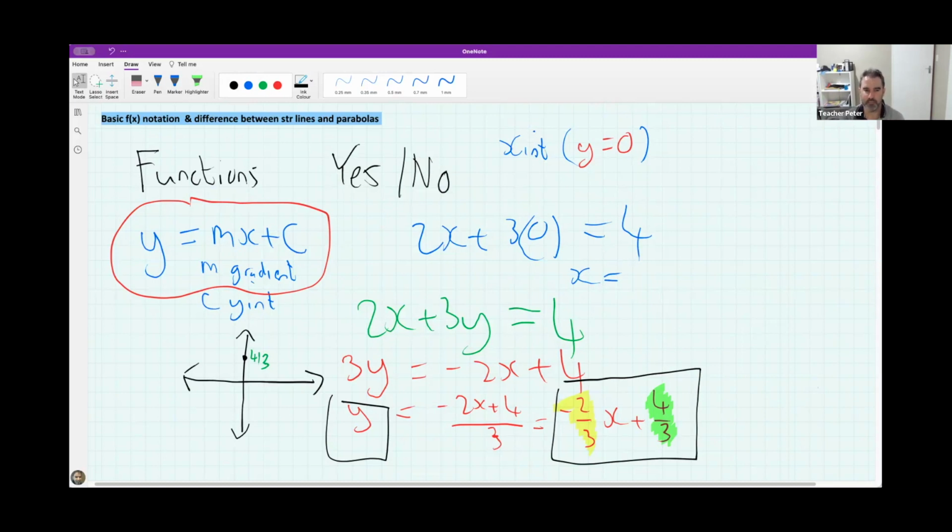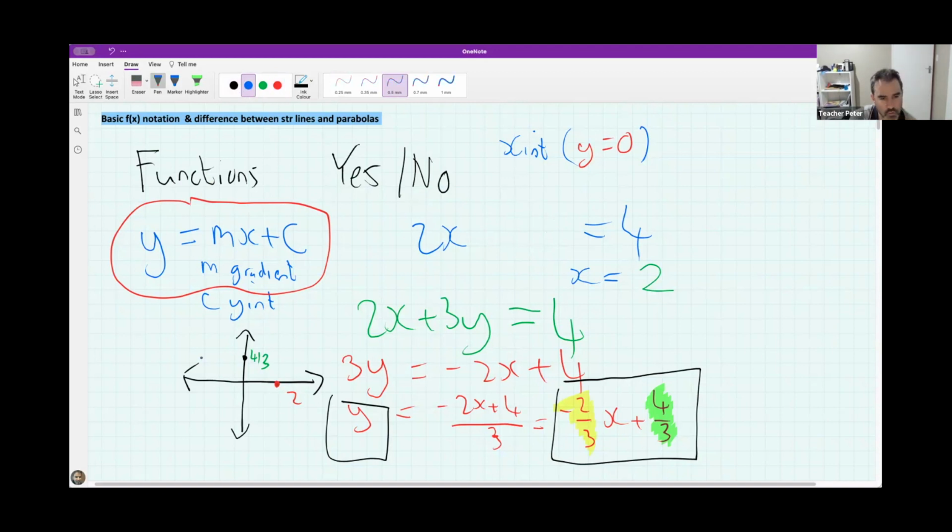Both are fine, but I just want to get some sense of that. So 2x plus 3 times 0, this actually is not going to do anything. So I'm just going to have 2x is 4, in which case, what does x have to be? x has to be 2. So the x-intercept would be 2. And so what would the straight line look like?